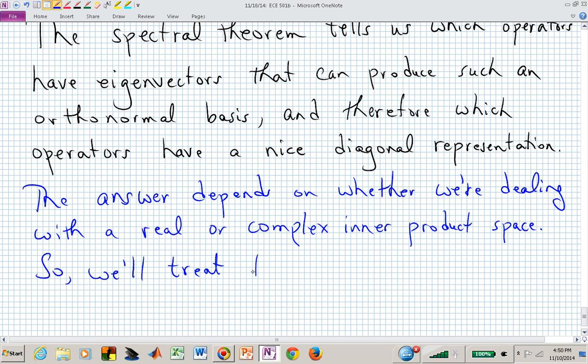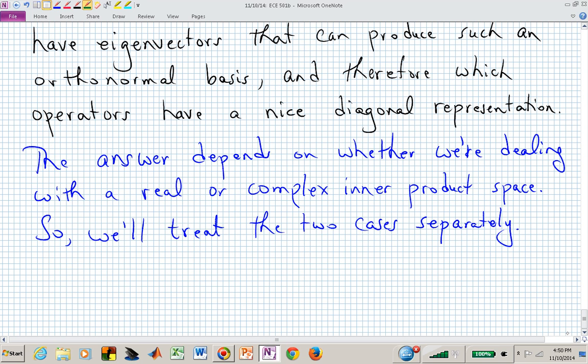So we'll treat the two cases separately. And the easier case we'll treat first, which is the complex case that has less restrictions or constraints.